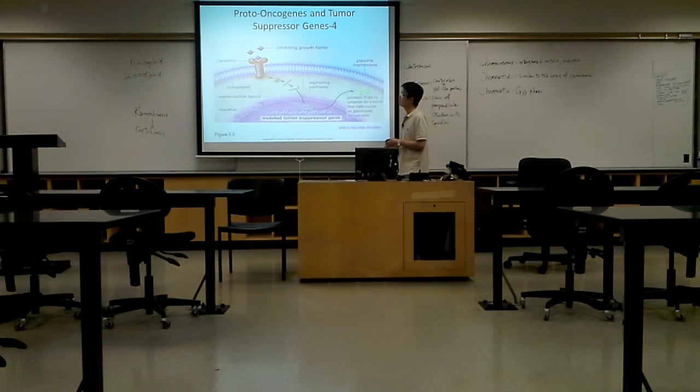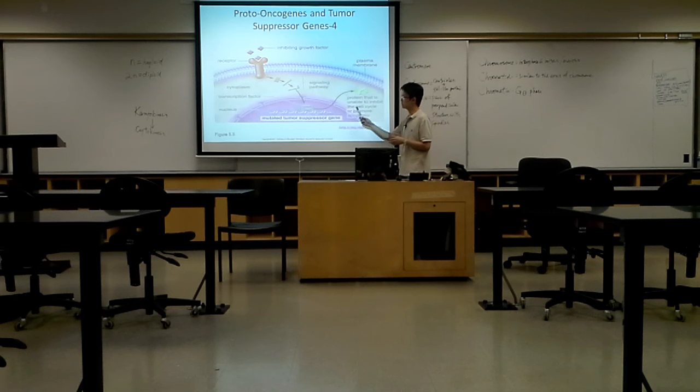But for the tumor suppressor gene, if we have an inhibiting growth factor that binds to the cell surface receptor, a different signaling cascade will occur, and this signaling cascade will also go into the nucleus and bind to this tumor suppressor gene.